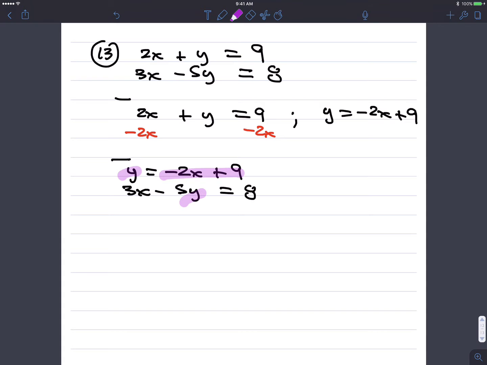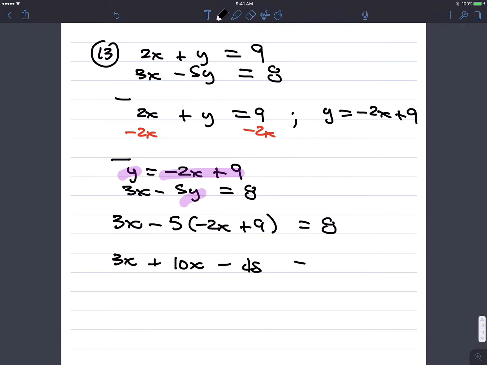We're going to plug it into the second equation by the variable y. 3x minus 5 times negative 2x plus 9, and that's an 8. 3x plus 10x minus 45 is 8. 13x minus 45 is 8.